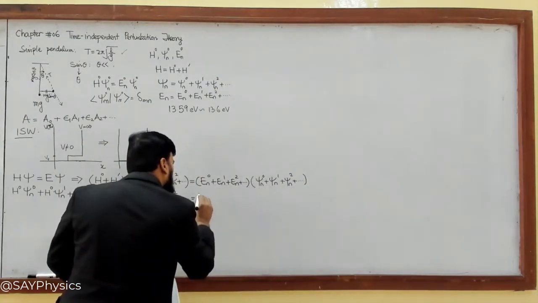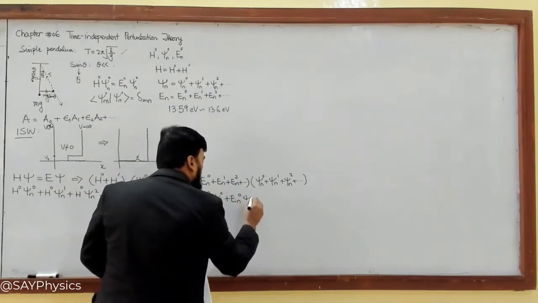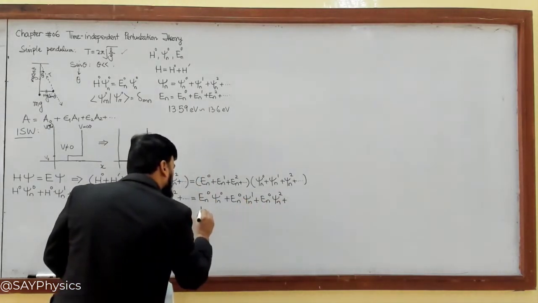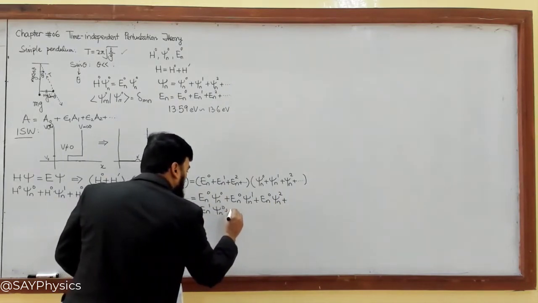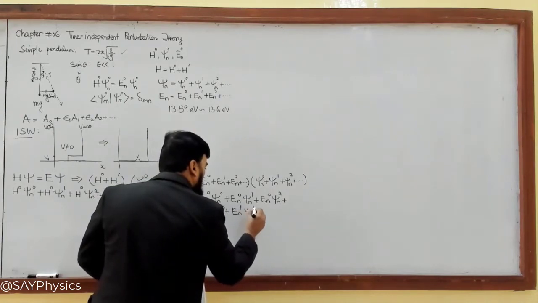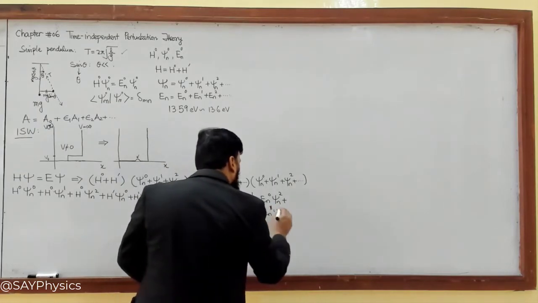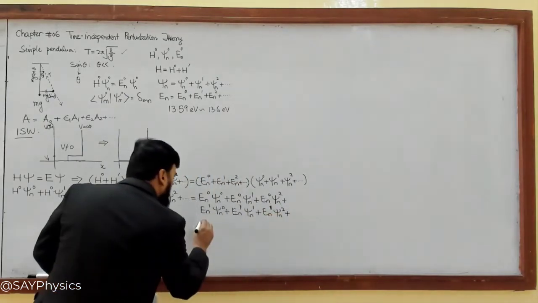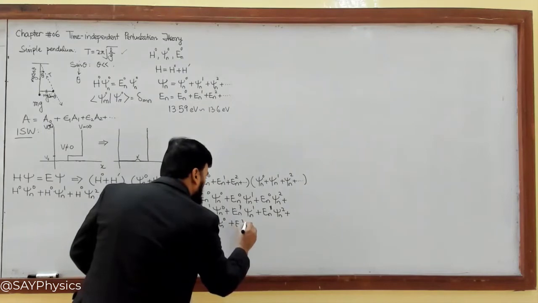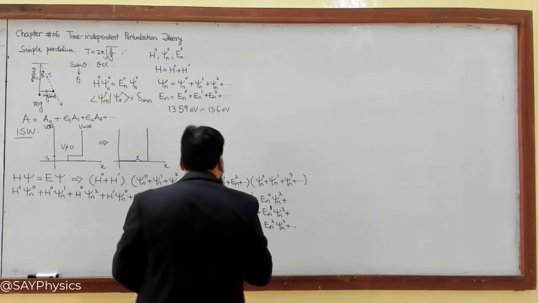And this is equal to En0 psi n0 plus En0 psi n1 plus En0 psi n2, plus the other terms I am writing here: En1 psi n0 plus En1 psi n1 plus En1 psi n2, plus En2 psi n0 plus En2 psi n1 plus En2 psi n2 and so on.